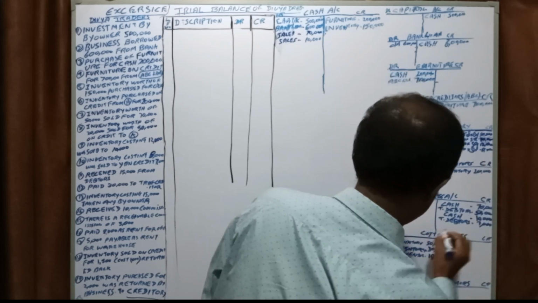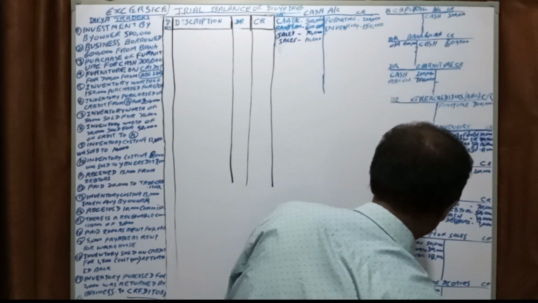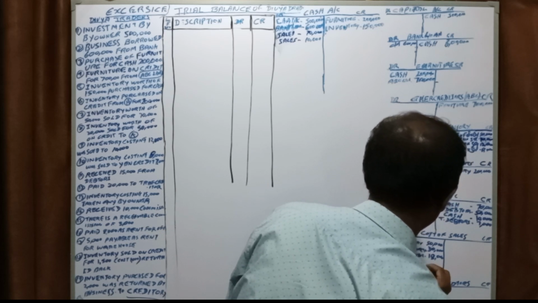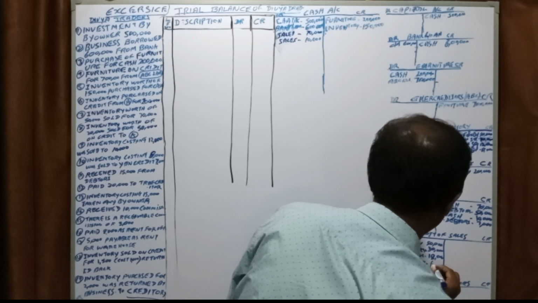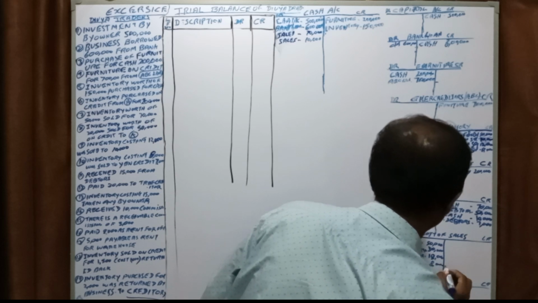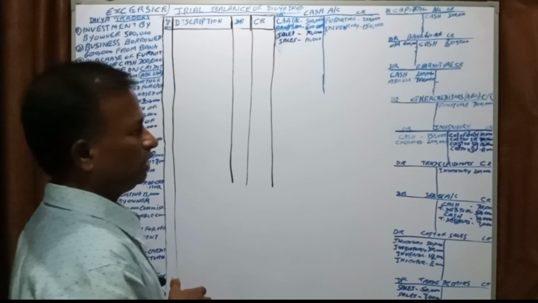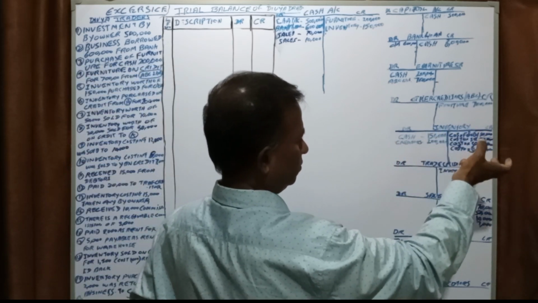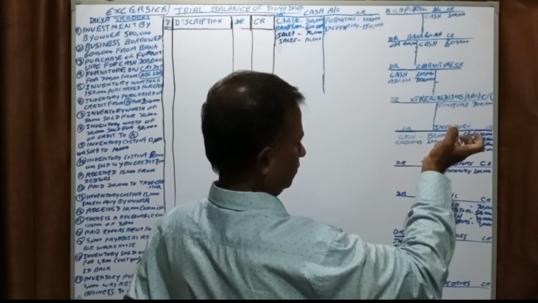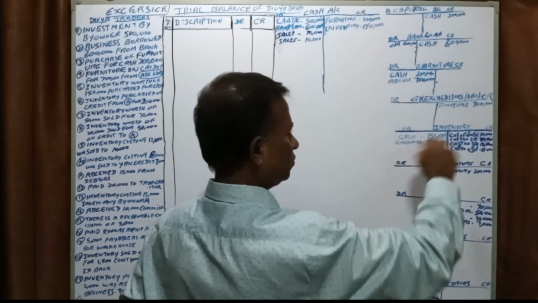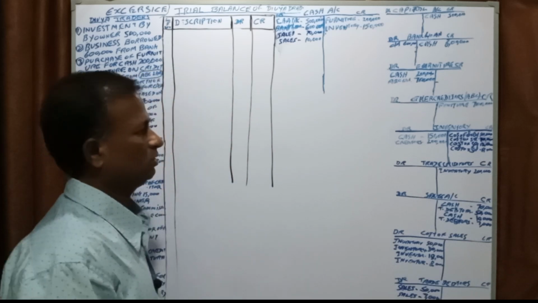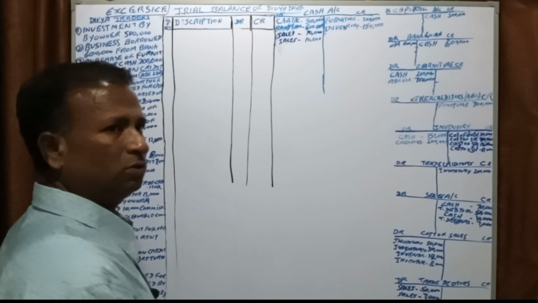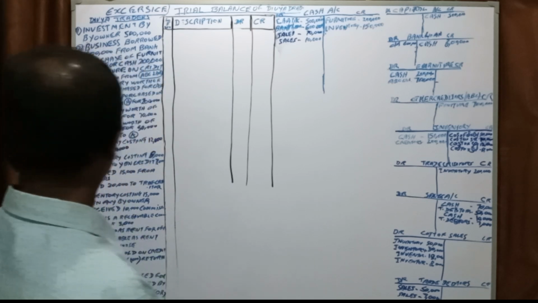Here, cost of sales and inventory 8,000. Okay, we have removed the inventory value of what was sold for 7,000. Understood?